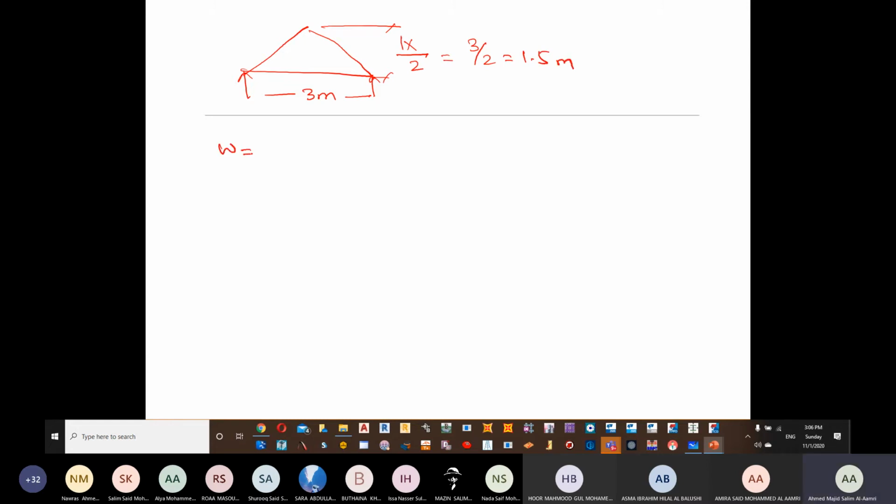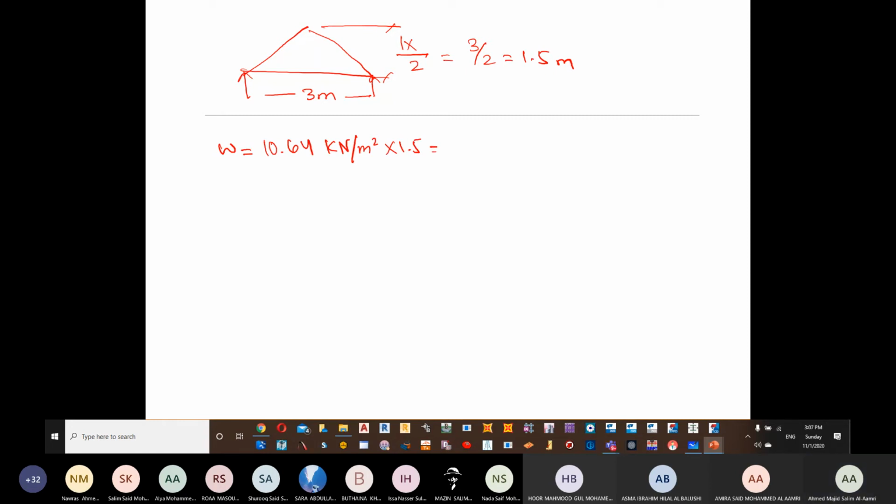My W, we have got it previously as 10.64 kilonewton per meter square multiplied by 1.5.